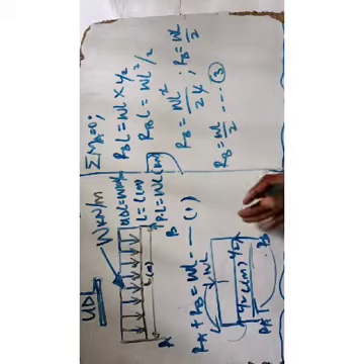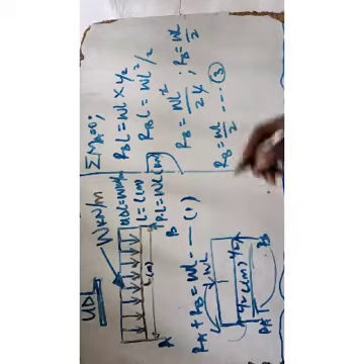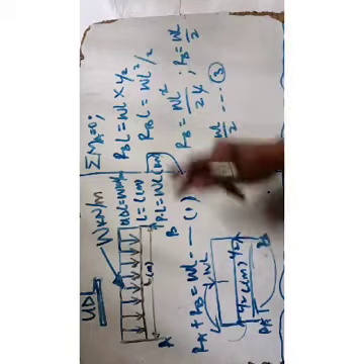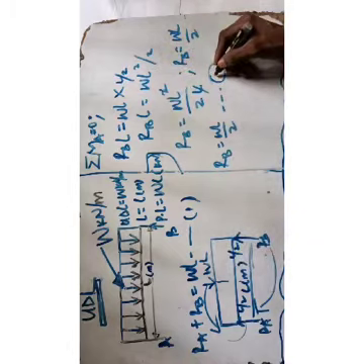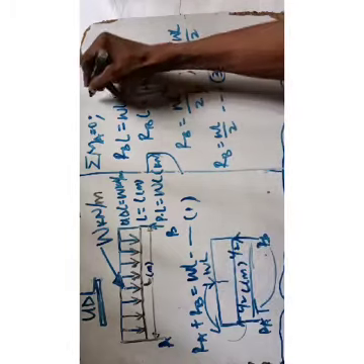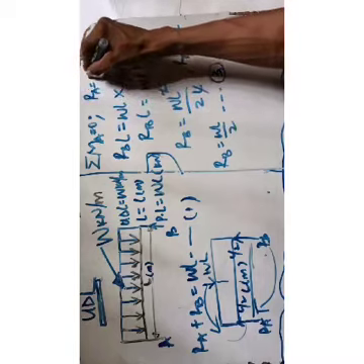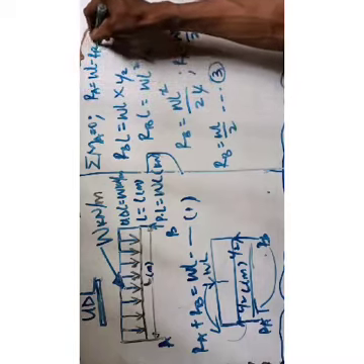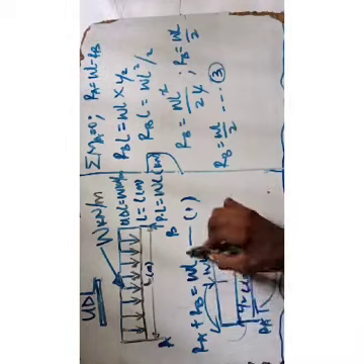Then this is equation 1. Equation 2, you can get from here, remember, RA equals WL minus RB. You change this and bring this here.